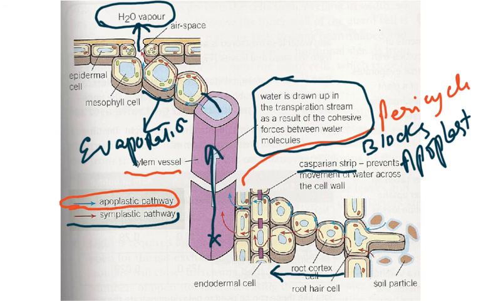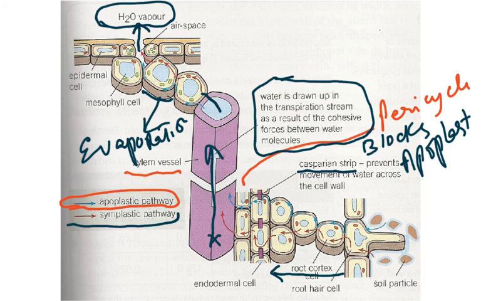The water vapor has to diffuse out. And please remember, this diffusion of water vapor is not osmosis. Why not osmosis? Because there is no partially permeable membrane. It's just passing out of an opening. So please understand how the water has to first evaporate at the surface of the mesophyll cells, and then that water vapor in the air spaces has to diffuse out, and that is called transpiration.